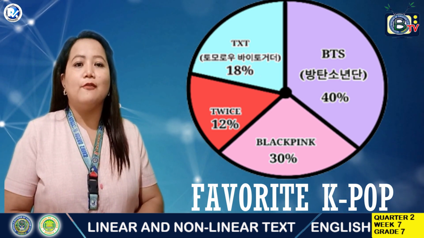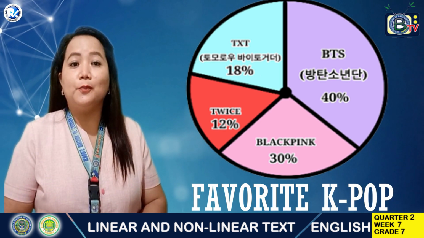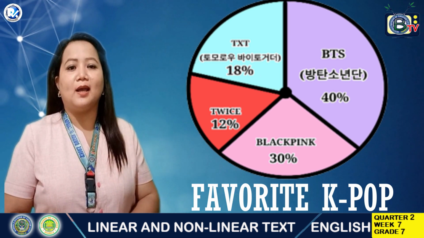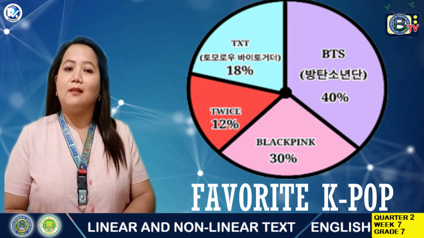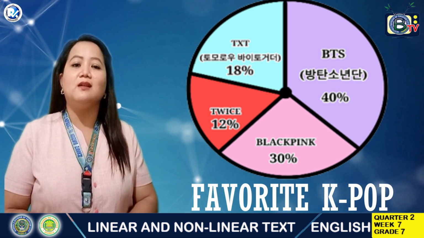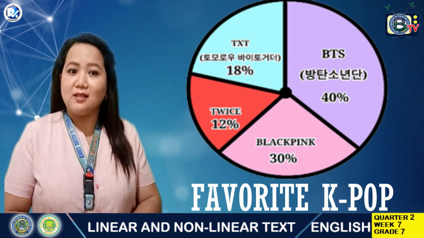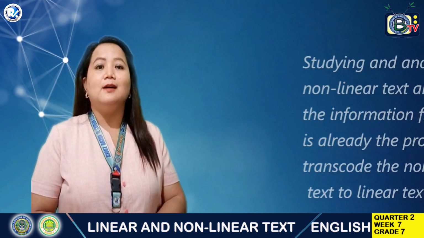which is 40%. But it is not equal to Blackpink, which only have a share of 30% of the pie. TXT got 18% of his or her love and TWICE has the lowest share, which is 12%, but it still means that he or she loves TWICE.